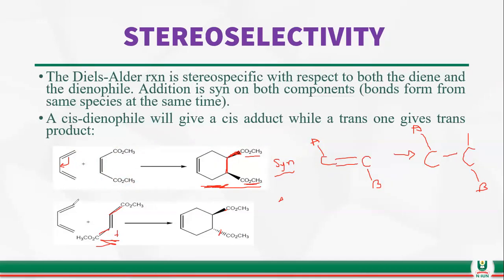By the time it's closing up on your diene, you must make sure that the stereochemistry is the one in which it is a trans one. So that's what we are trying to say. A cis dienophile will give a cis product or adduct, while a trans dienophile will end up producing this other trans product.